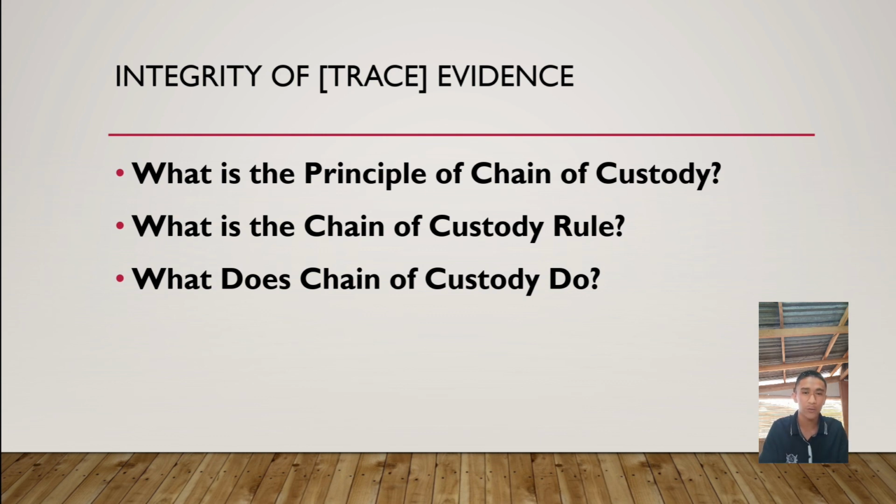So the last one of this lesson is, what does chain of custody do? The chain of custody proves the integrity of pieces of evidence. A paper trail is maintained so that the person who had charge of the evidence at any given time can be known quickly and summoned to testify during the trial as and if required.